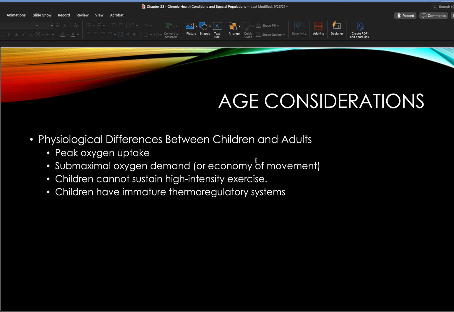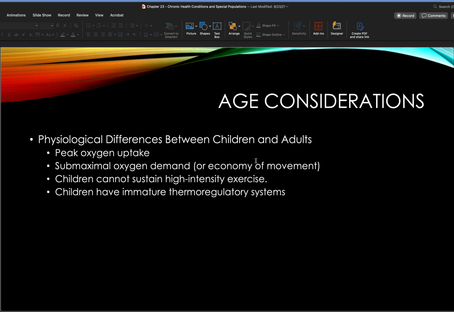So age considerations: we have to take into account the massive physiological differences between children and adults. We can help children and work with children, but you need to understand that there are very big individual differences between children and adults in things like peak oxygen uptake.